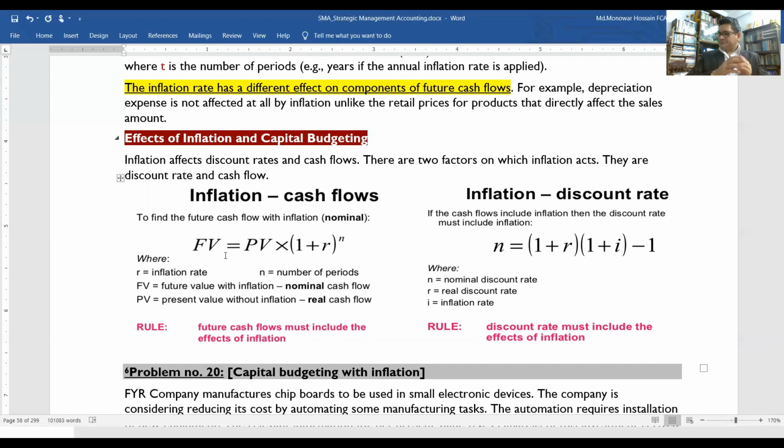And for inflation and the discount rate, if the cash flow includes inflation, then the discount rate must include inflation. So the rule is that the discount rate must include the effect of inflation, and the future cash flow must include the effect of inflation.